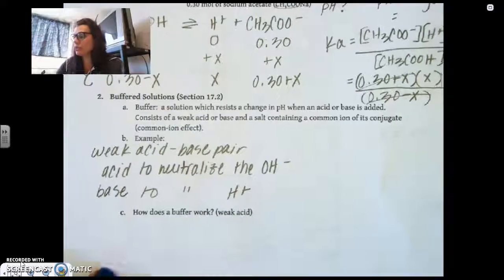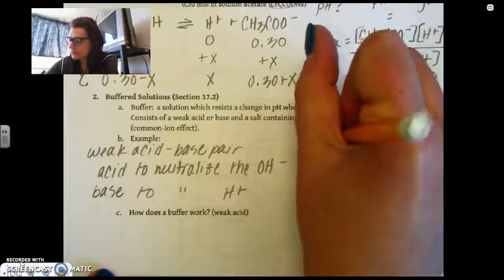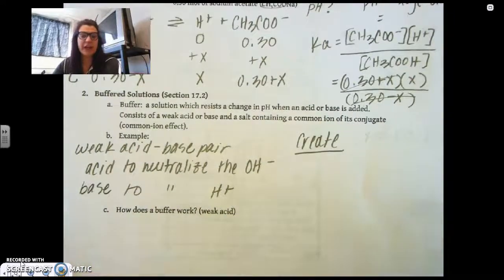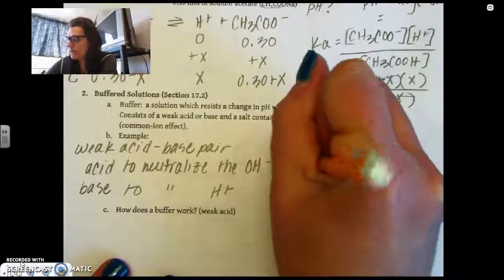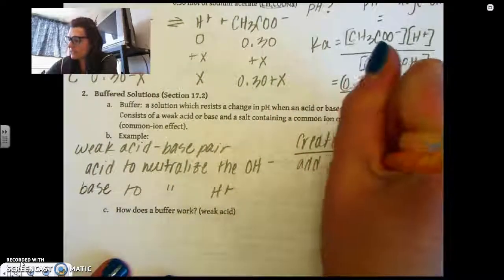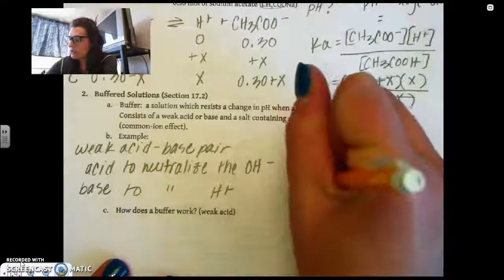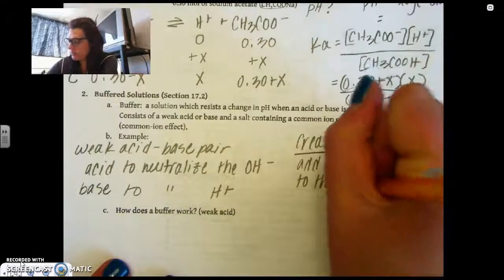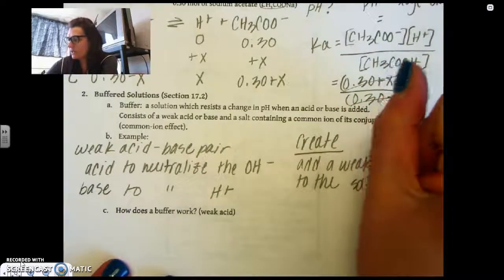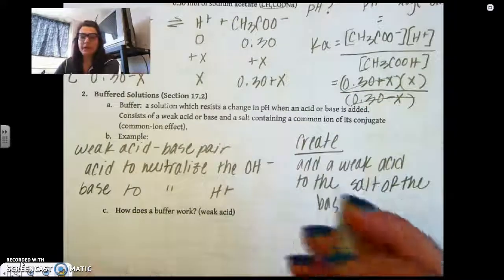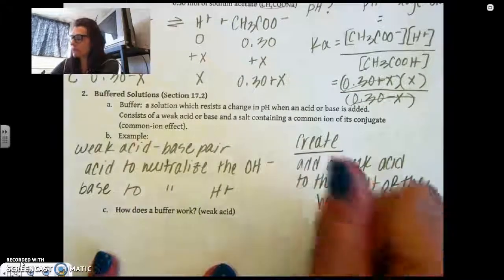So how would we create a buffer? To create a buffer, ultimately what you're going to do is add a weak acid to the salt of that acid, okay? So an example of this would kind of be like what we did in section 17.3.